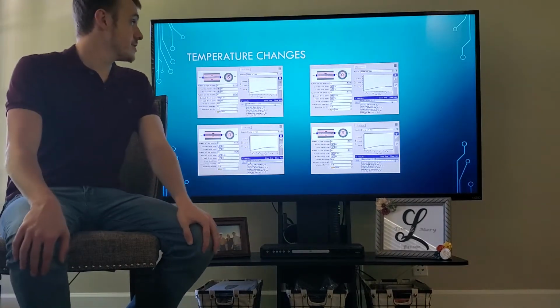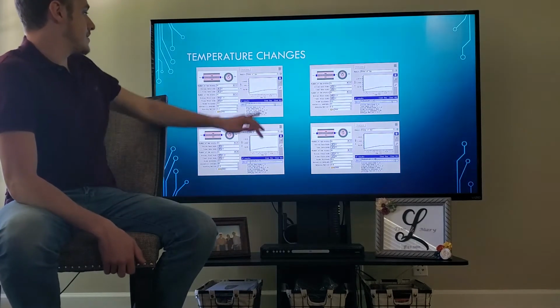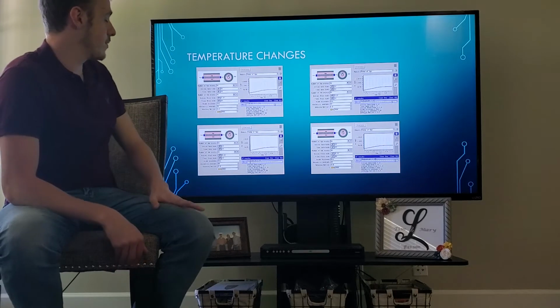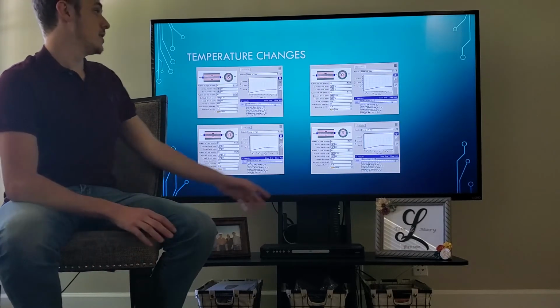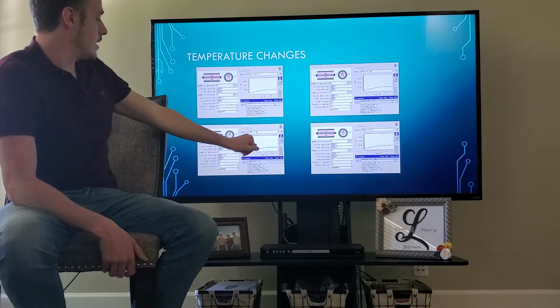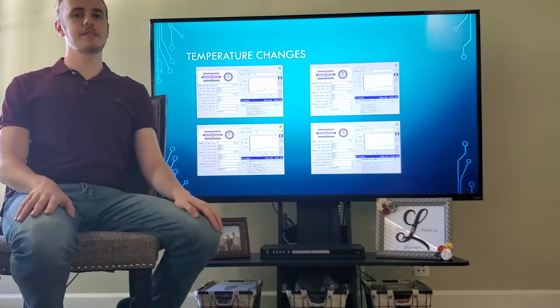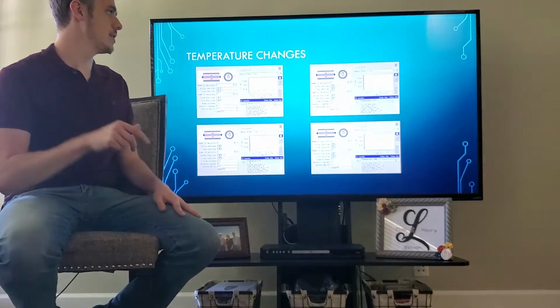The temperature changes, this was to show how it may operate. This temperature was at 4 Kelvin, which is to simulate liquid helium, 77 Kelvin for liquid nitrogen, 300 Kelvin for room temperature, and 450 Kelvin, that being the upper limit of what the tool allowed.